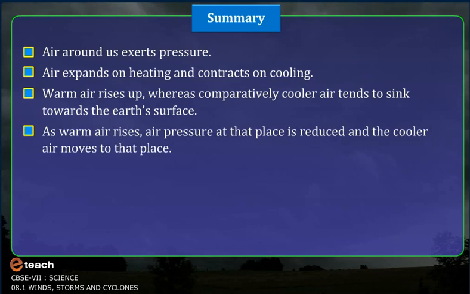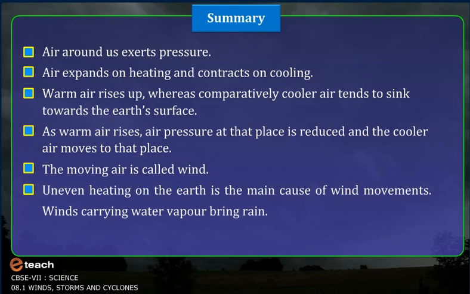As warm air rises, air pressure at that place is reduced and the cooler air moves to that place. The moving air is called wind. Uneven heating on the Earth is the main cause of wind movements. Winds carrying water vapor bring rain.